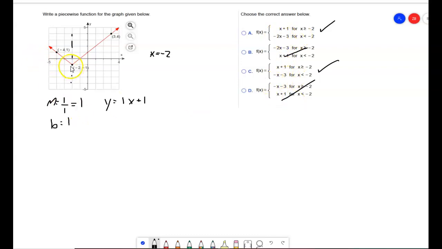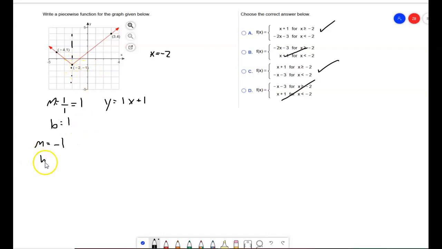So let's take a look at this other side here. It looks like it is going up one to the left one, up one to the left one. So that's definitely a -1 slope. So let me write that. This is a -1 slope, and we can't really see where it's going to hit the y-axis, but it looks like it's going to be 1, 2, 3 if we were to extend this.